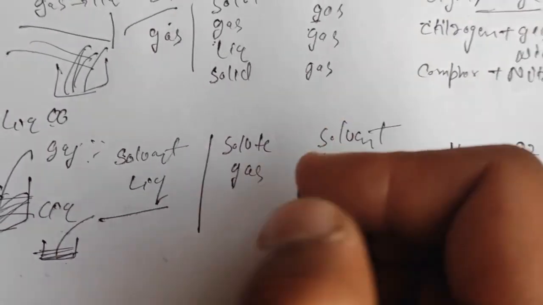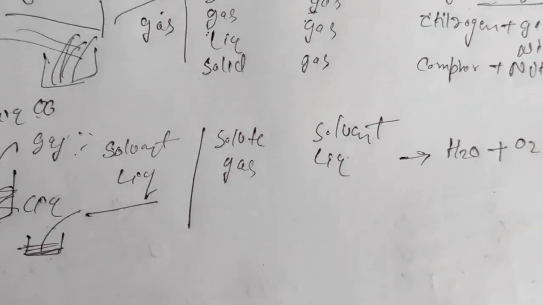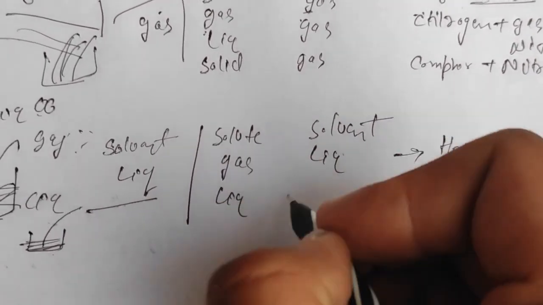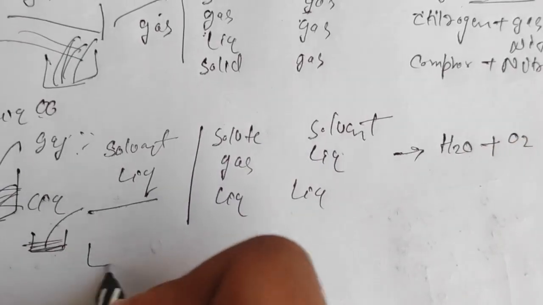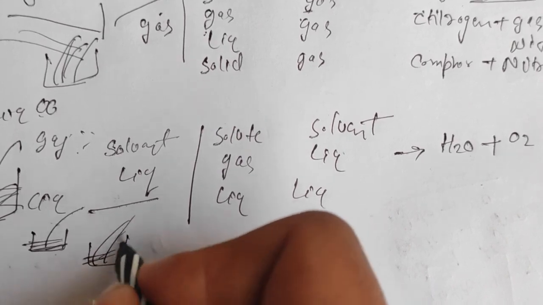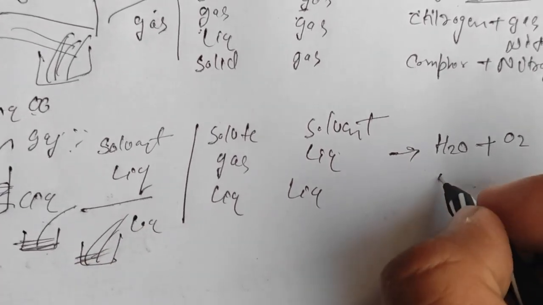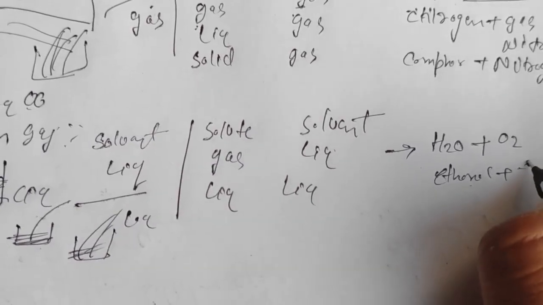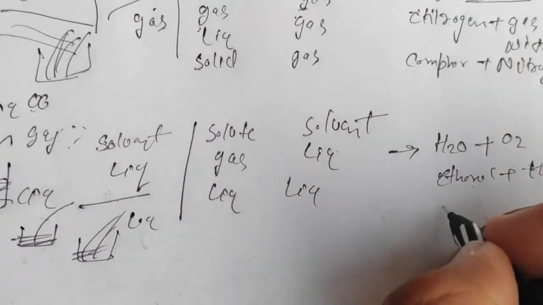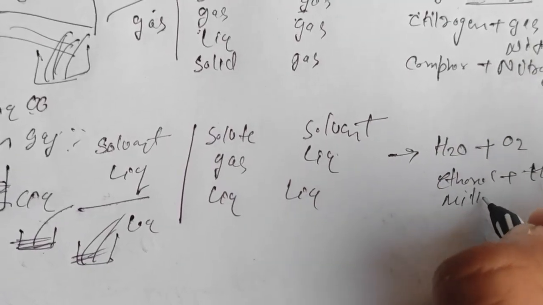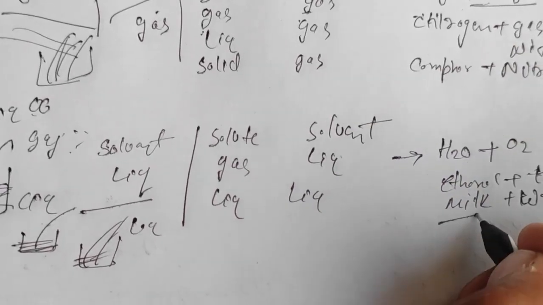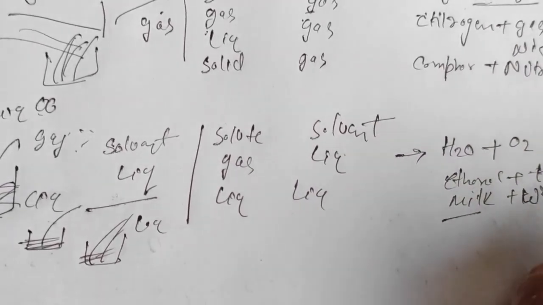Next, the solute is liquid and the solvent is again liquid. For example, ethanol plus water. Milk in water is another example, where milk is the solute and water is the solvent.